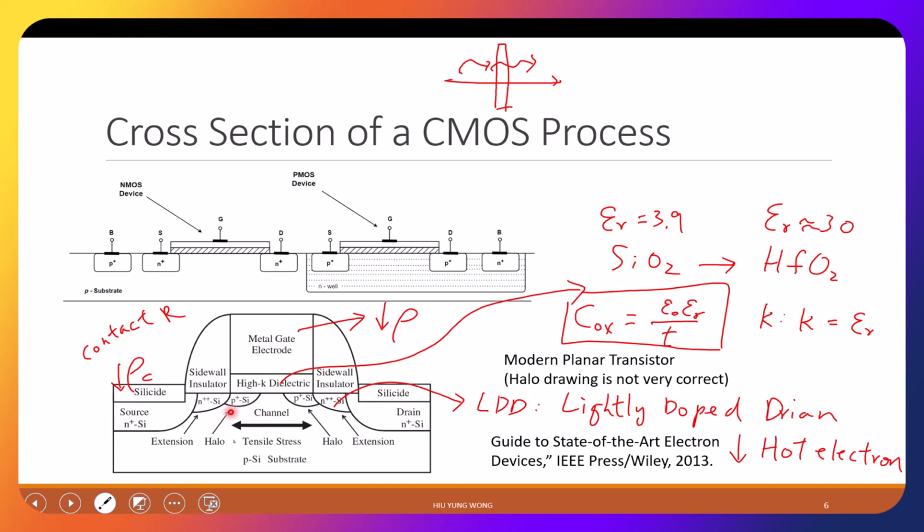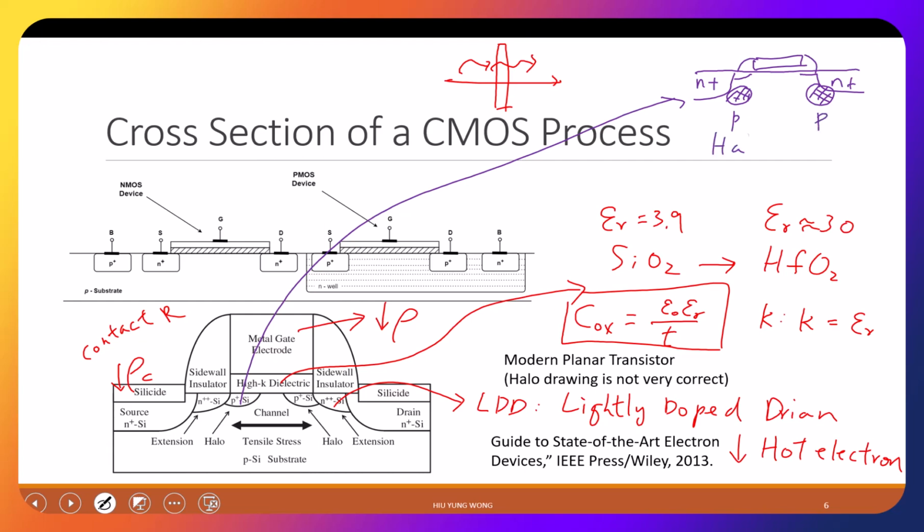Okay? Now, this drawing is not good. They try to put P plus here. It's maybe not that standard. What exactly it does is this. You have a transistor. You have the N plus. You also have some LDD. But then you actually will do some pocket implants so that in this region, you have some P-type.